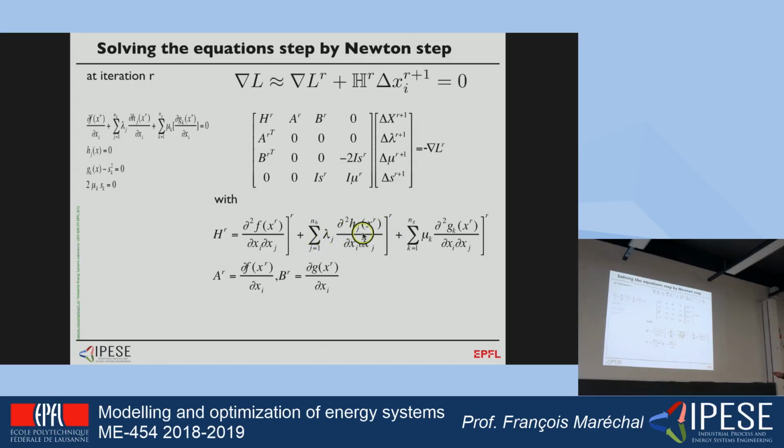So the second derivative of each of the functions is the derivative of the derivative. And when we calculate the derivative, we have to make a perturbation.